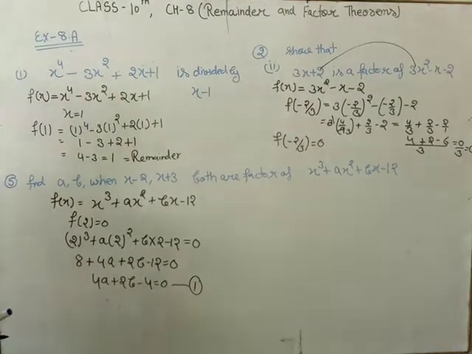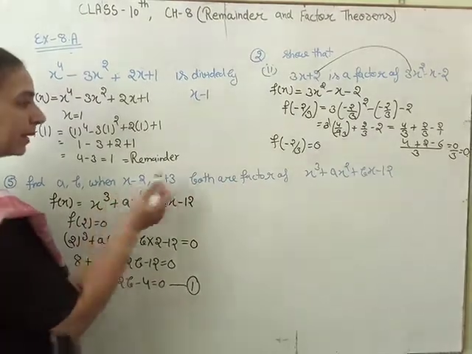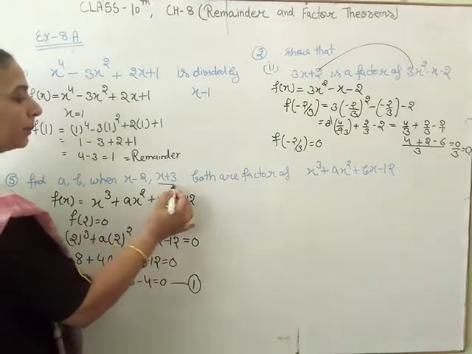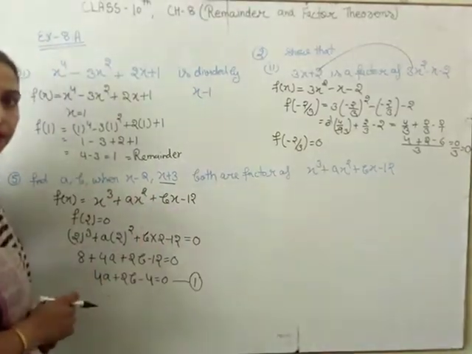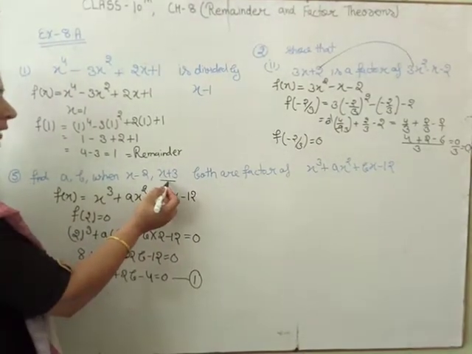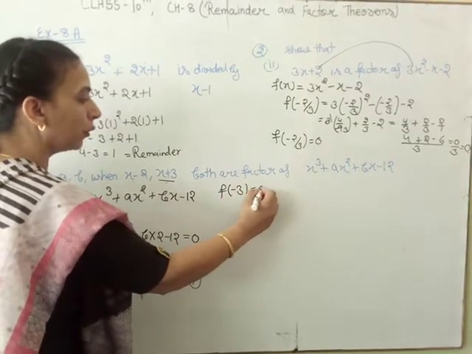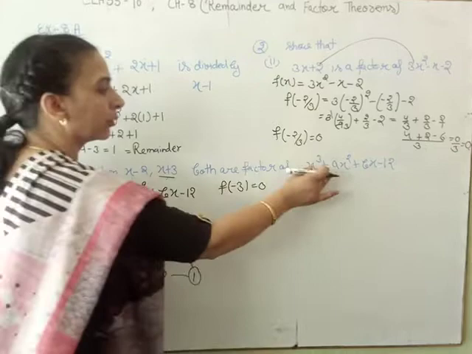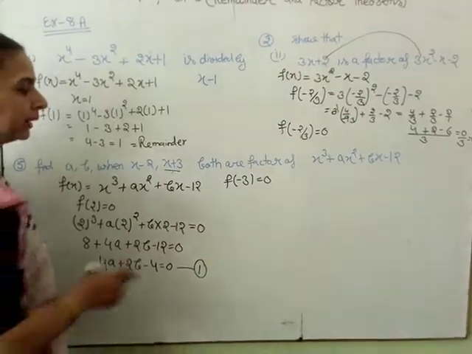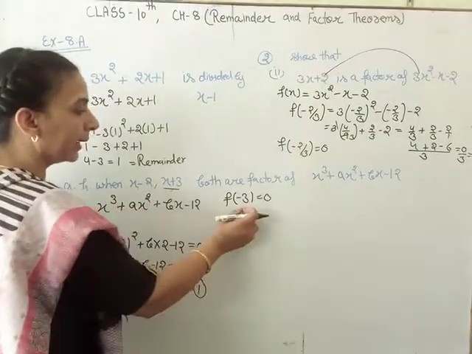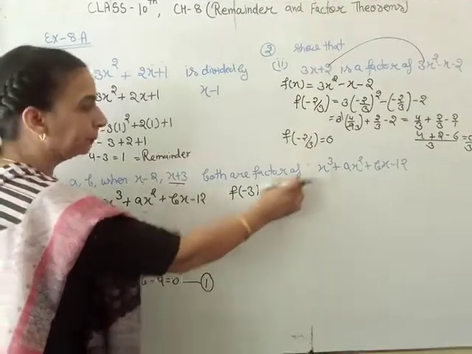Okay. Again, same as before, when x minus 2 is a factor, similarly x plus 3 is also a factor of the given expression. If x plus 3 is a factor, then f of minus 3 equal to 0, because x plus 3 is a factor of this expression. Now we put minus 3 in place of x and equal to 0.